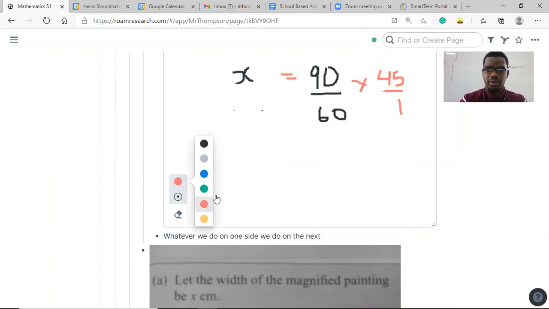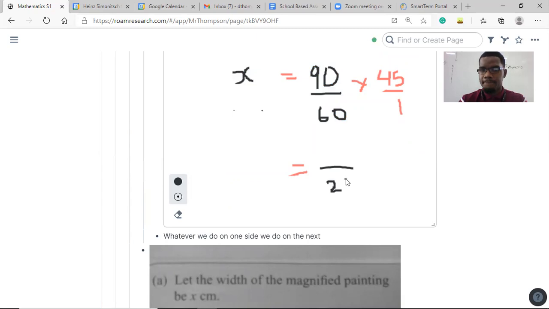Let's go in red. All right. 30 can go into 60, or in other words, 3 can go into 6, and also 3 can go into 9. So 3 can go into 6 2 times, or 30 can go into 60 2 times.